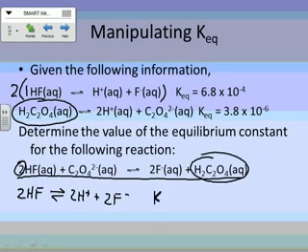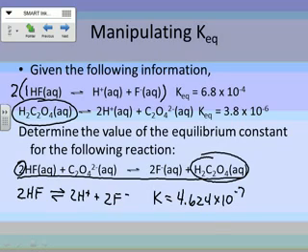And our new K for this is now going to be, get out my calculator, (6.8 times 10 to the negative 4th) squared, because we have to square our K now. That's going to give me 4.624 times 10 to the negative 7th.